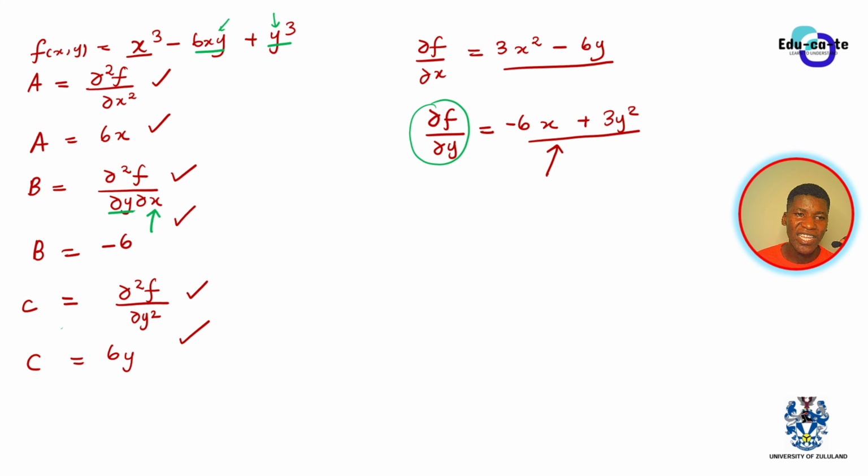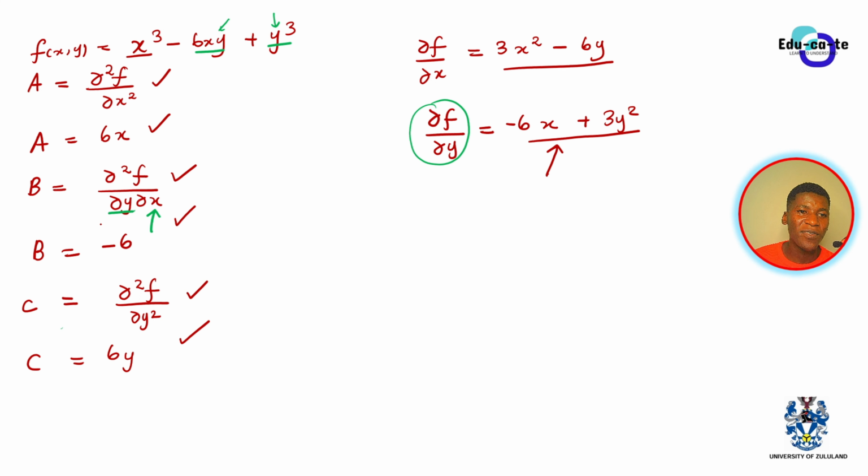That's the first step: you find a, b, c. A is the second partial derivative with respect to x. But b is the second partial derivative where you differentiate the partial derivative in terms of y, but with respect to x.